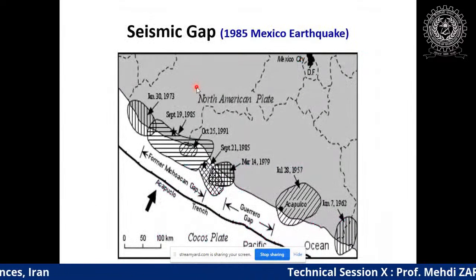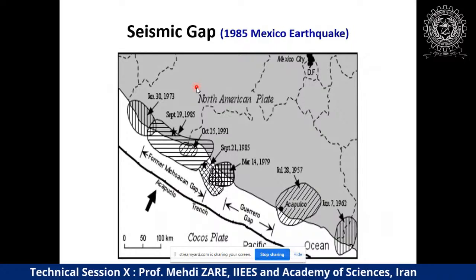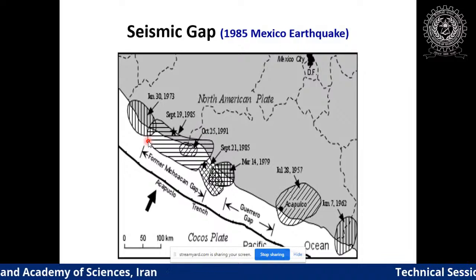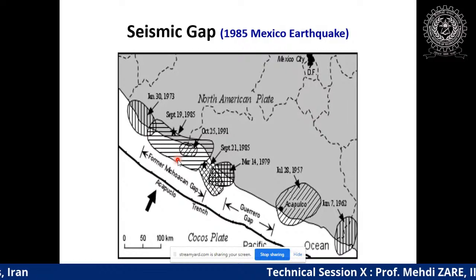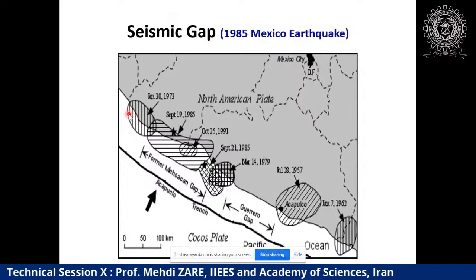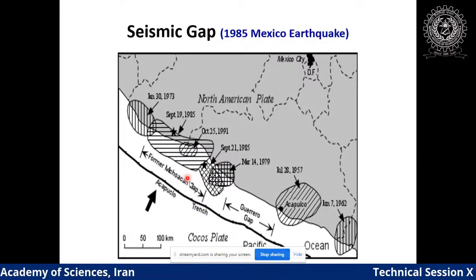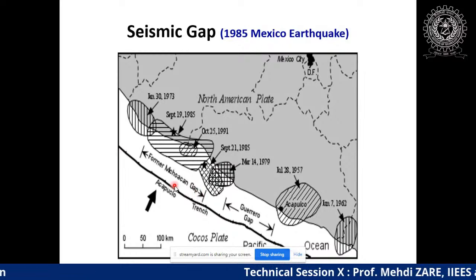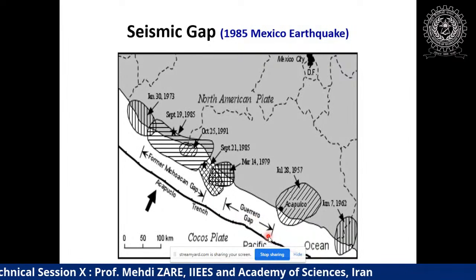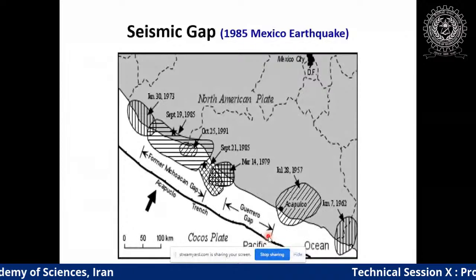For instance, in the Mexico earthquake of 1985, there was a cluster before the 19 September 1985 Michoacan earthquake, and there were some other events before and after it, which covered a part of the Michoacan Gap, but there is still a gap in the Guerrero part of the Acapulco Trench border.